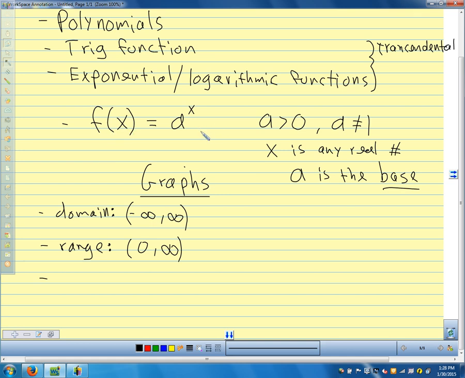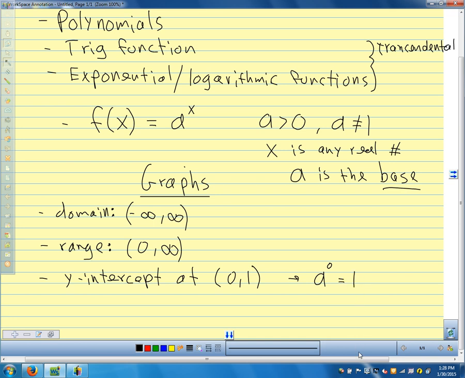One really nice thing about exponential functions, if we're not shifting them in any way, is that no matter what the base is, it has a y-intercept at the point (0, 1). Doesn't matter what this number is, we're going to get this intercept, because no matter what a is, a to the 0, anything to the 0 power, is 1.